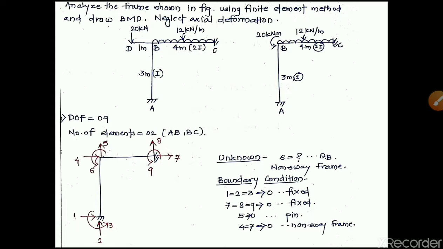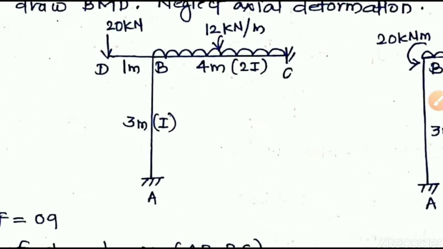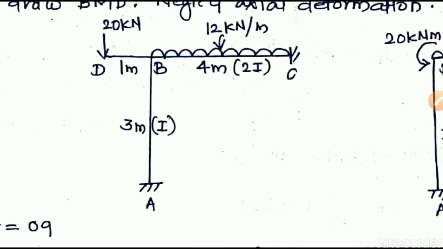Analyze the frame shown in the figure using the finite element method and draw the bending moment diagram. Neglect axial deformation. Frame ABCD: AB is a column, BD is the overhang part of the beam, and BC is a beam.